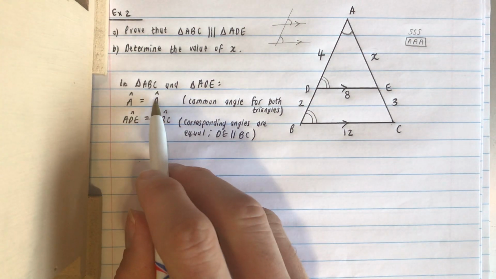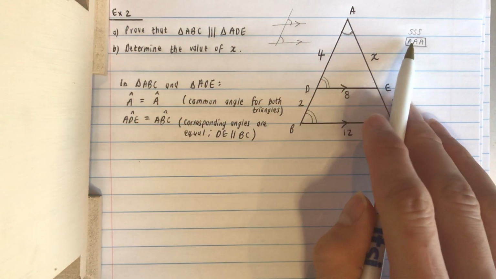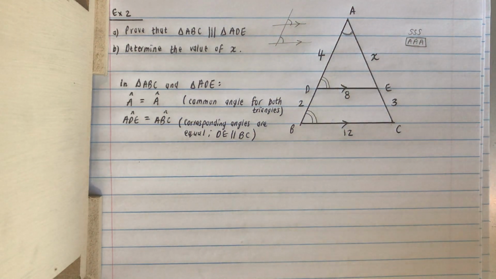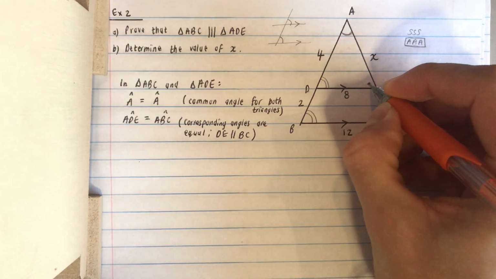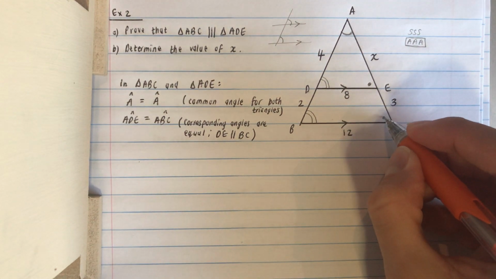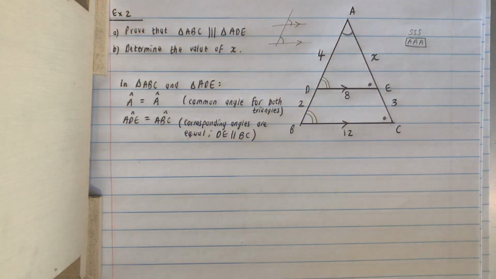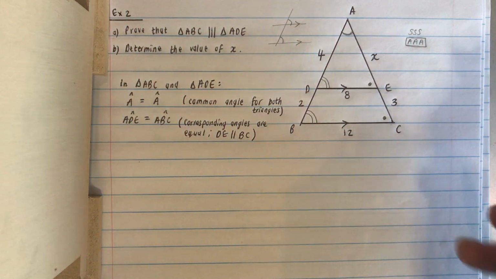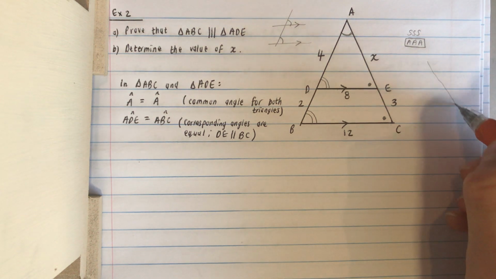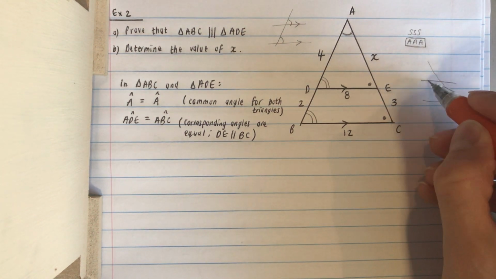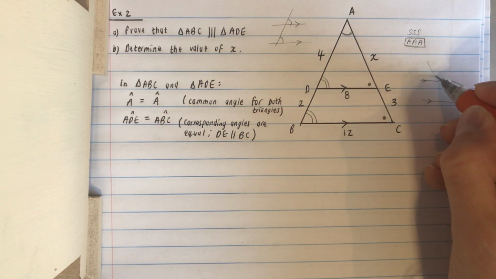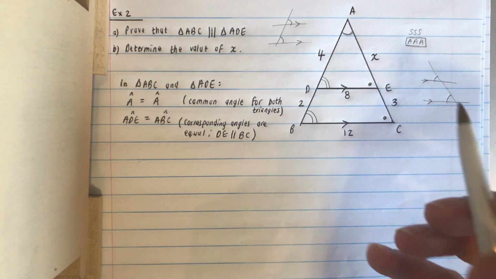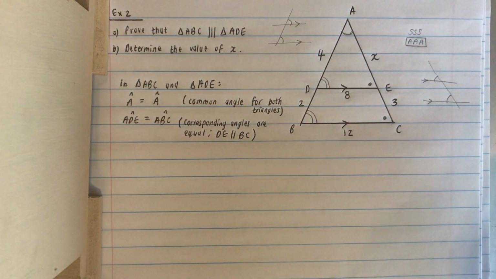So now we have one angle and we have another angle. So we have two of the three angles. We need to have one more angle, and we'll find that one here. This angle here, it's indicated with a dot, is equal to this angle here. Same reason. Once again, we have the corresponding angles. So it's like we have a situation like this. These two are parallel, so that angle must be equal to that angle. So we have corresponding angles again. We have to be specific once again when we indicate the angles.